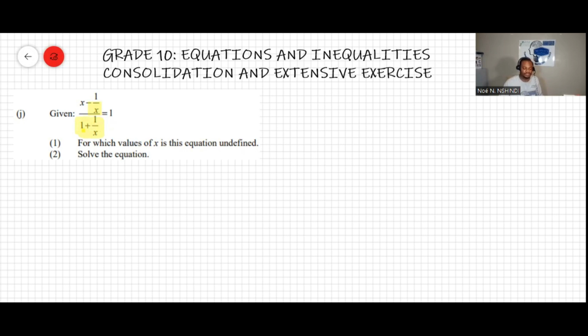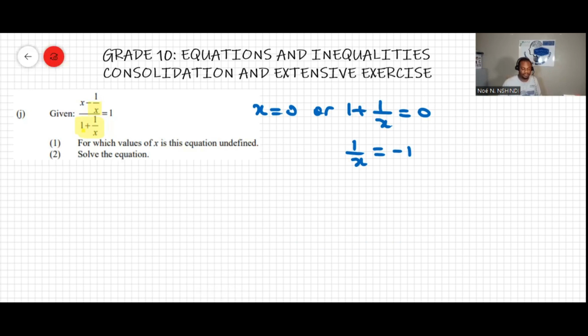So the possibilities here are that x is equal to 0 or 1 plus 1 over x equals 0. In this case, if you move the 1 over x, it's going to be 1 over x equal to negative 1.